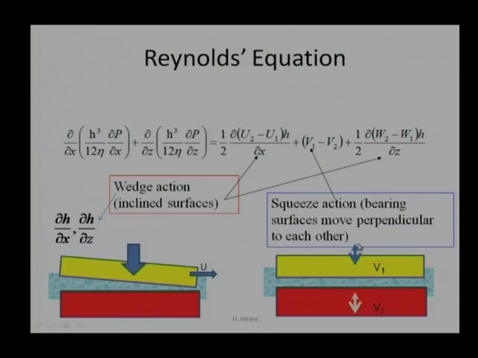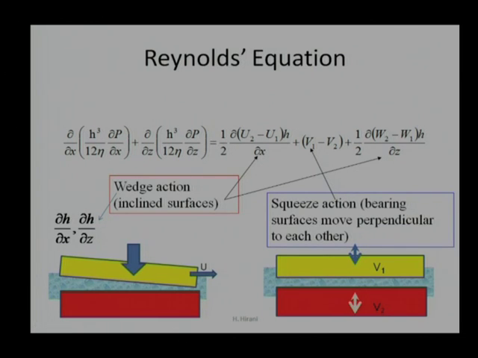The yellow plate has a variable velocity in both directions. Similarly, the red plate has a relative velocity. In between there is a viscous fluid. If the yellow plate is moving in this y direction, it is going to generate some pressure, so there is a pressure term.